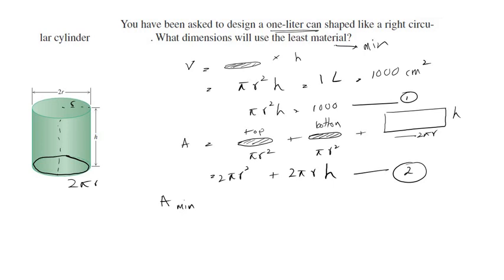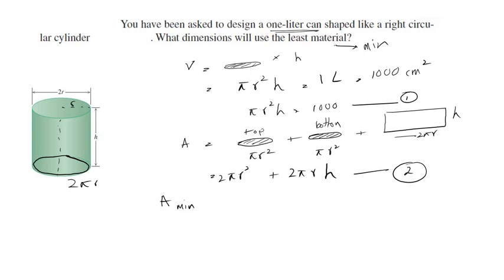But when you look at the area, we see there are 2 variables, r and h. To minimize the area, it's best that we have 1 variable. So we need to replace h or r using equation 1. Since r appears twice and h appears only once, let's take h from here.